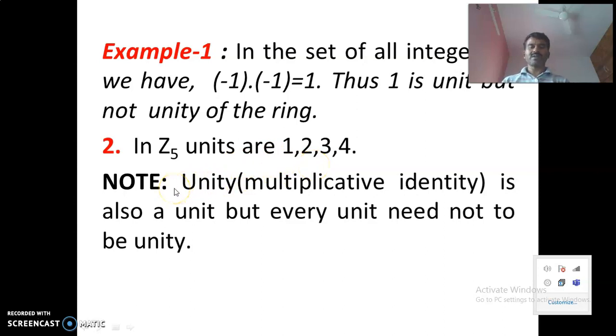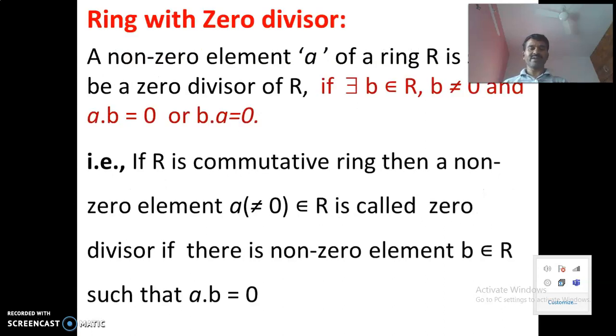Note this down. Unity is nothing but the multiplicative identity, which is also a unit, but every unit need not be a unity. Keep remembering that. Unity is also a unit, but the converse need not be true.